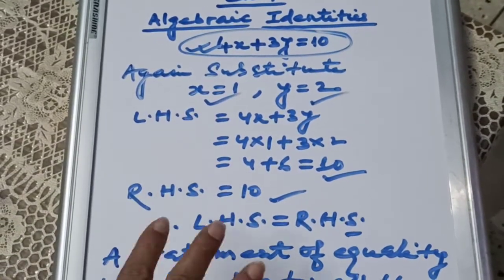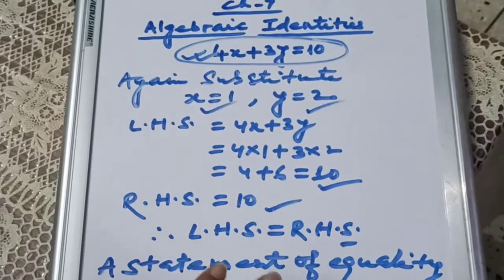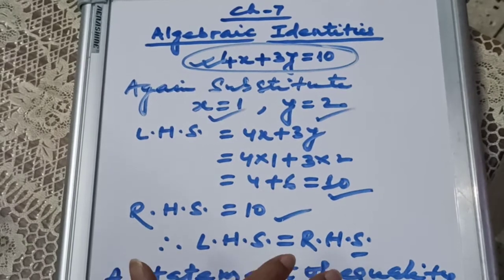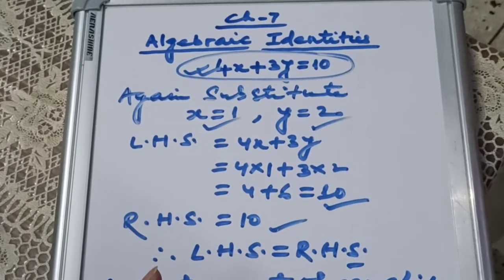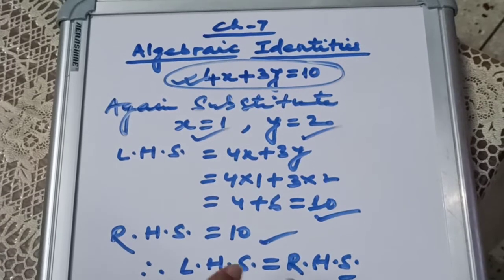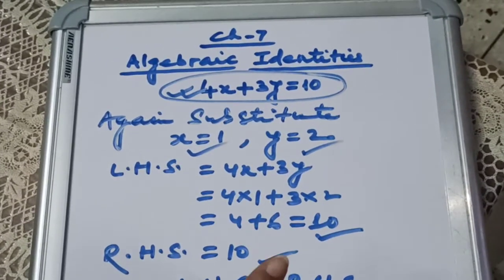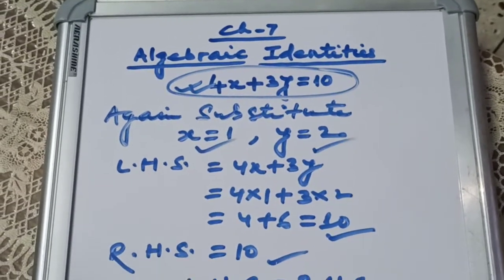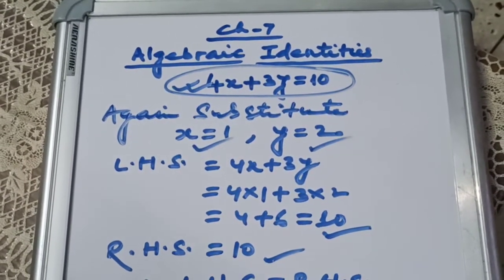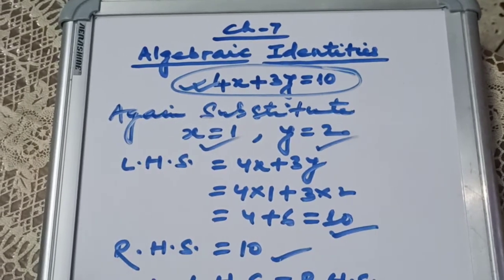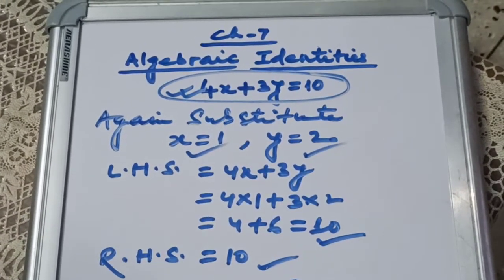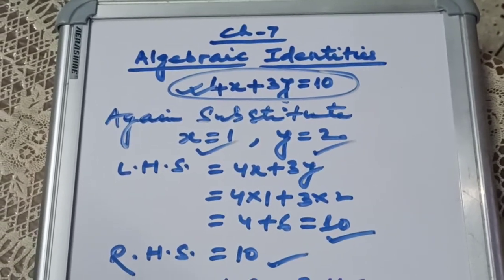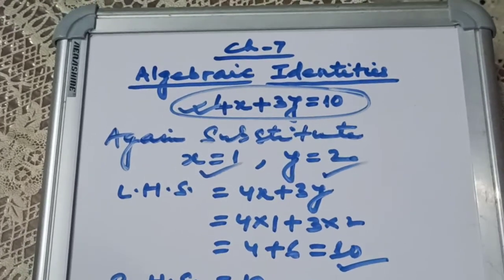Now in this chapter, algebraic identities, I will be discussing the identities which arise as products of binomials: a plus b, a minus b, a plus b with itself, a minus b with itself, and a plus b with a minus b. In this chapter we will discuss these identities.